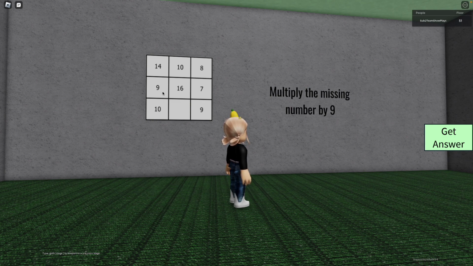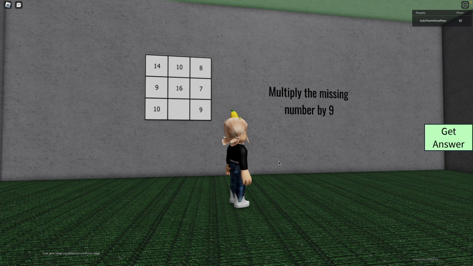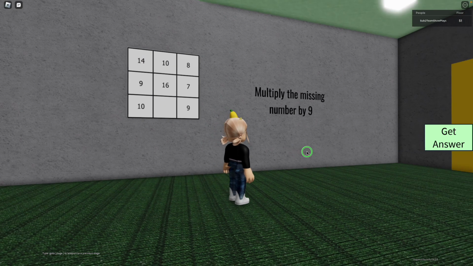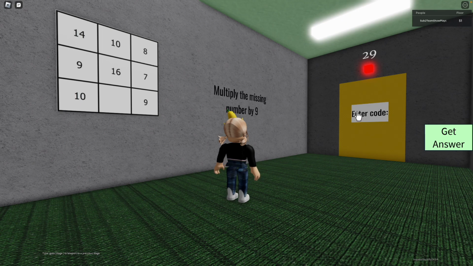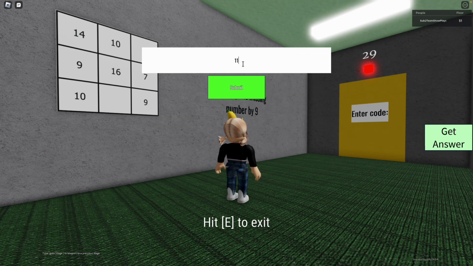And if you do that all the way down, you're going to come up with 32, except this is blank here. So 10 plus 9 is 19. What is 32 minus 9? That answer is 13. Hold up, your answer and your code is not going to be 13 because this says multiply that missing number by 9. Now, when you multiply 13 times 9, you get the answer, which is 117.